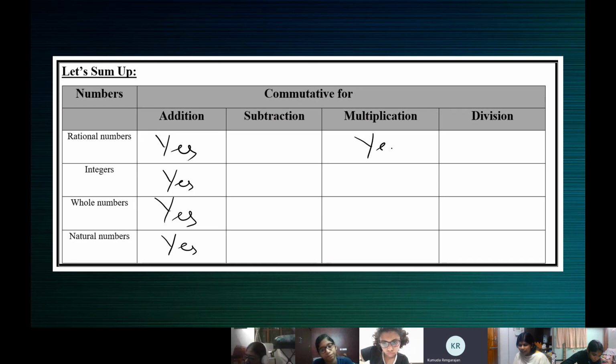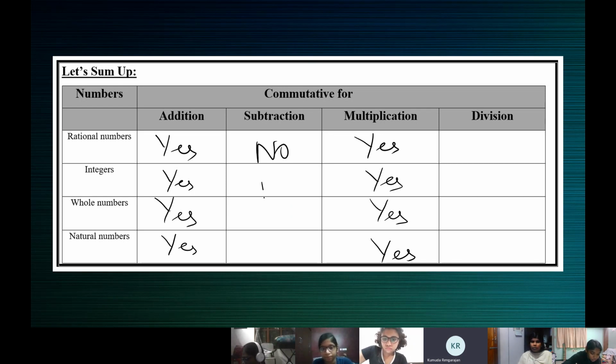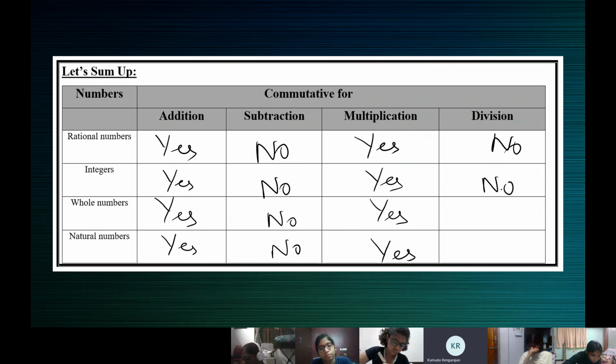When you change the order and multiply, the answer is the same. But when you change the order and subtract, you don't get the same answer. When you change the order and subtract or divide, we don't get the same result.